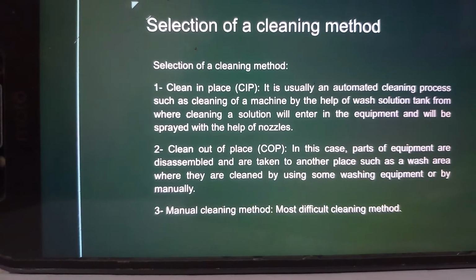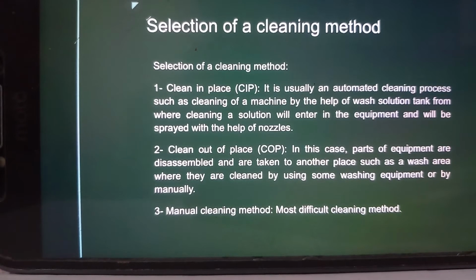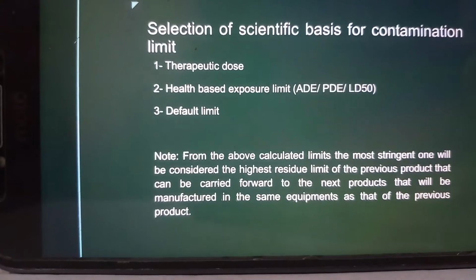And manual cleaning method is the most difficult one, in which experienced operators are required. And it also depends on several factors like cleaning agent concentration, scrubbing or soaking action, time, and the pressure or flow of water, etc.